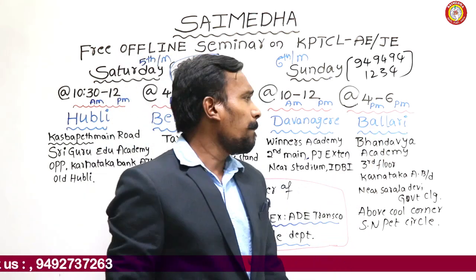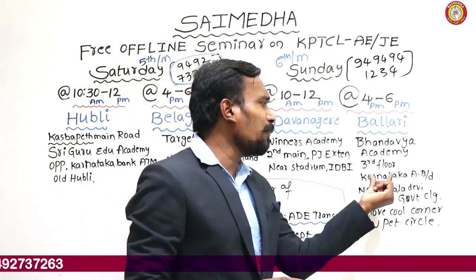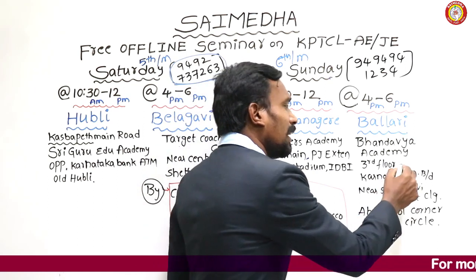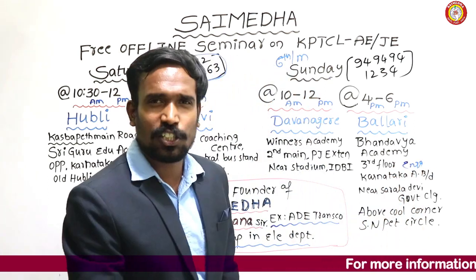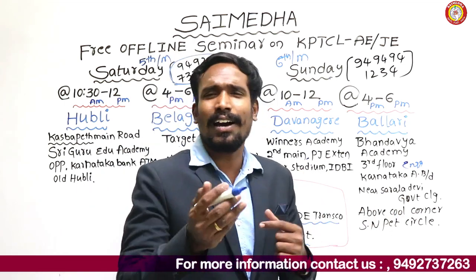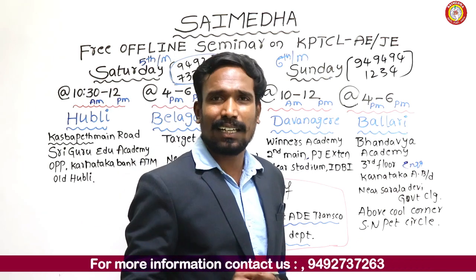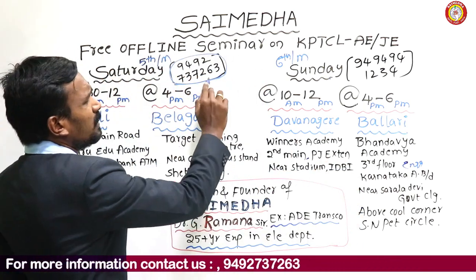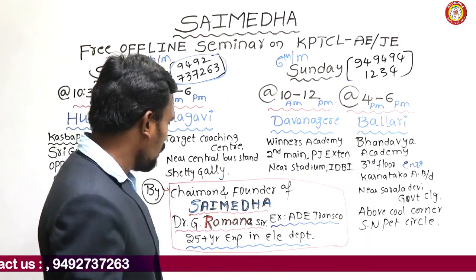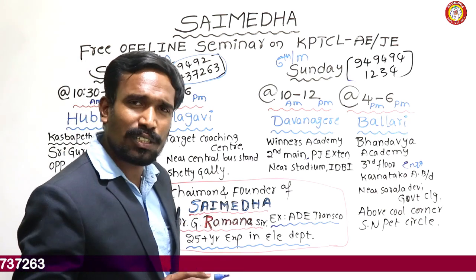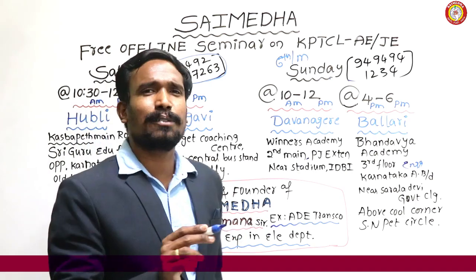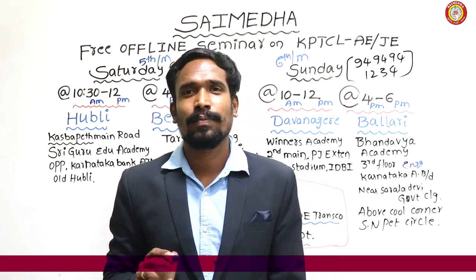And in Ballari, Bandhavya Academy, 3rd floor of Karnataka Engineering Association Building near Sarla Devi Government College, above Cool Corner Juice Point in Ameerpet Circle. These are the addresses and these are the phone numbers respectively. And this is given by the Chairman and Founder of SAIMEDHA, Dr. G. Ramana sir, doctorate in power systems, ex-Transco ADE, with 25 plus years of experience in electrical department teaching.